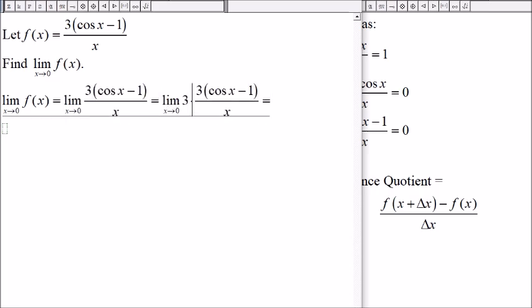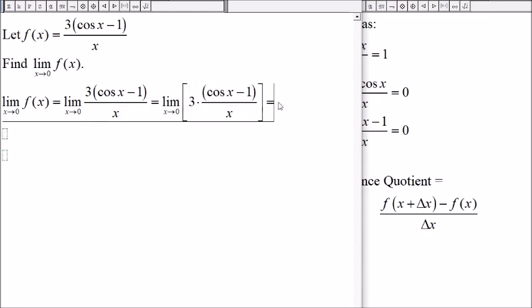This is the same as 3 times this. And here we have the limit of the product of 3 and this quantity right here. So we can rewrite this.